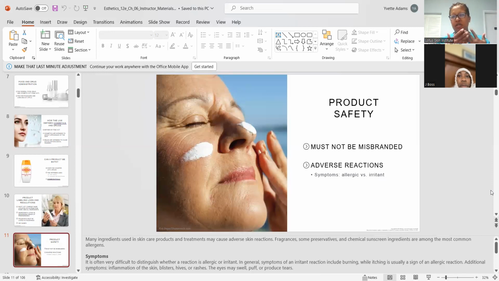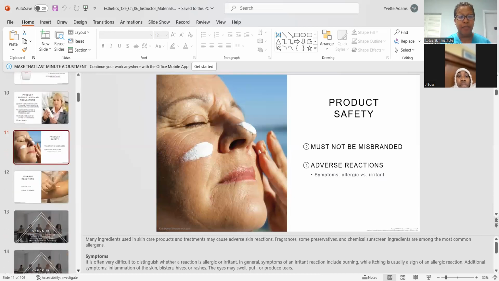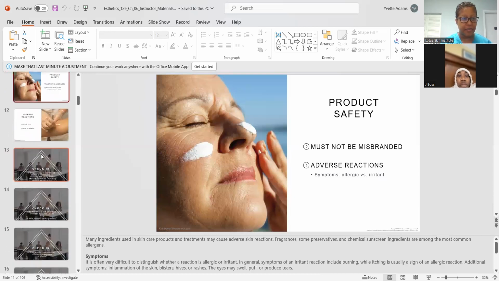So some tingle factors are minimal to none, some tingle factors are mid-range, some tingle factors are high. That is an irritant reaction that you're preparing the client for. But if you're having an allergic reaction, you have all these other things happening. So understanding the difference is very critical in educating your client and preparing them for your treatment.